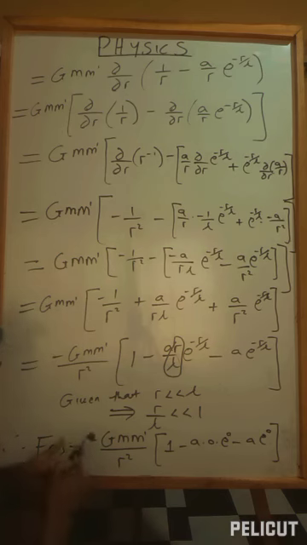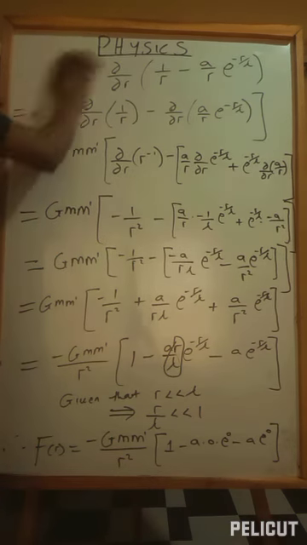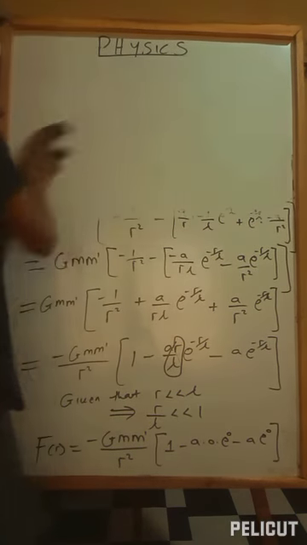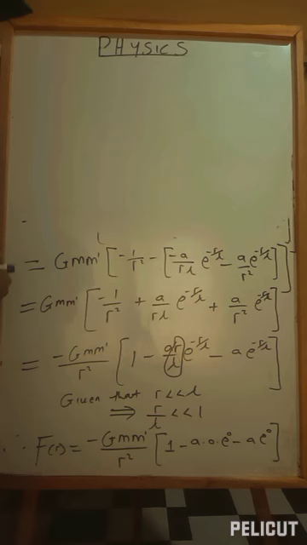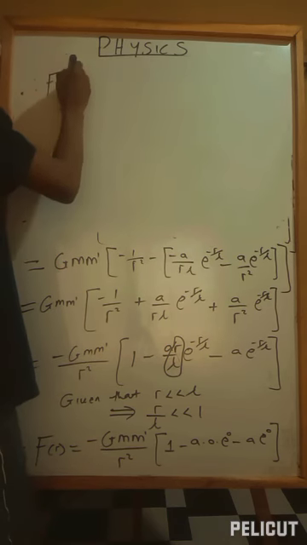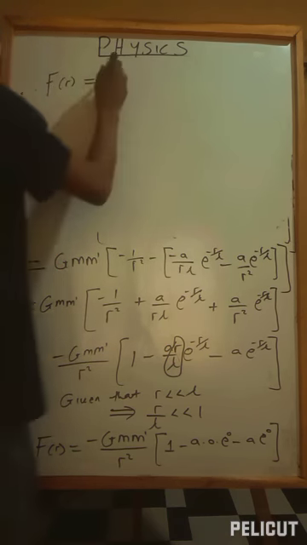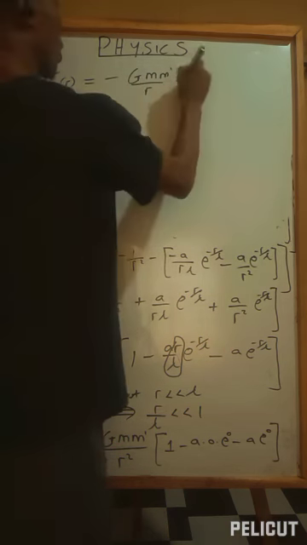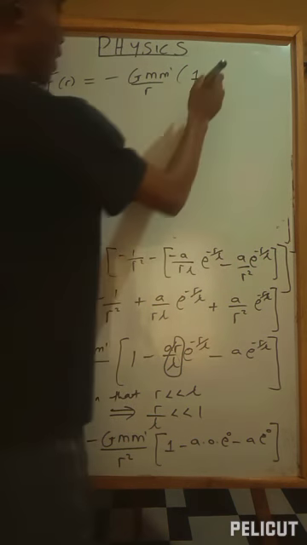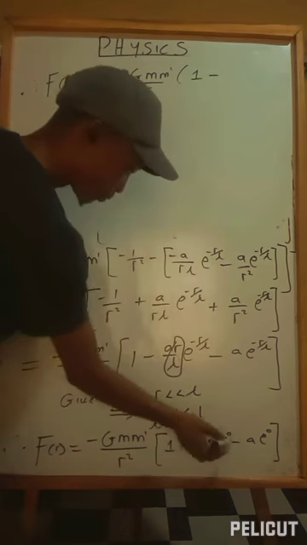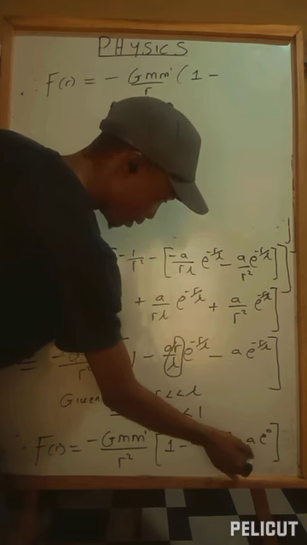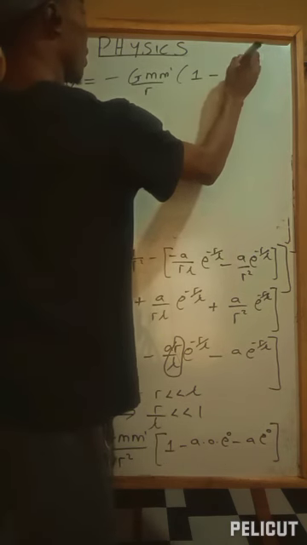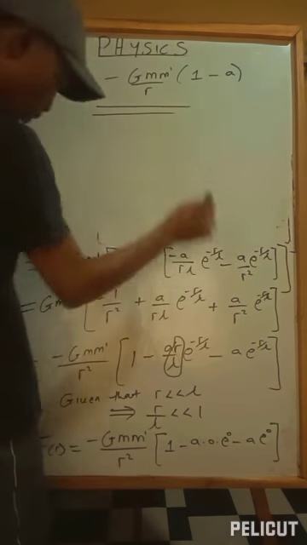And if you simplify this further, we're going to have that F of r is minus g m m prime divided by r squared, open bracket, 1 minus, this is already 0, this is 1. 1 times a is a, exponential 0 is 1, so 1 times a is a, so 1 minus a.